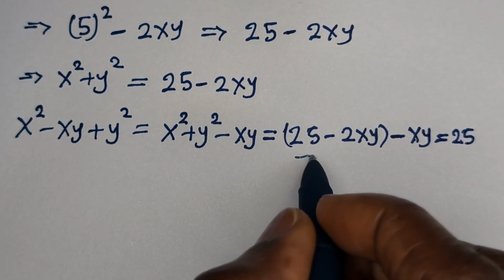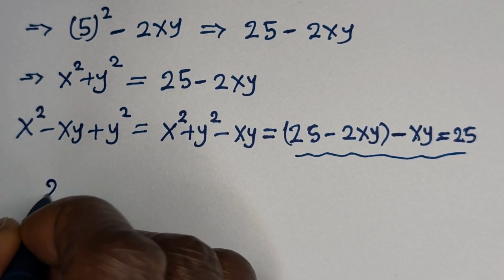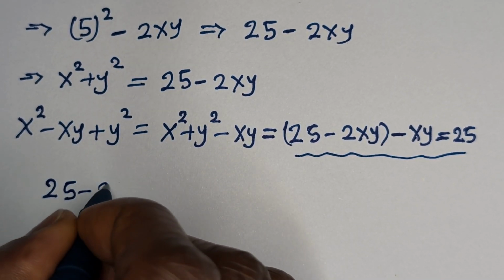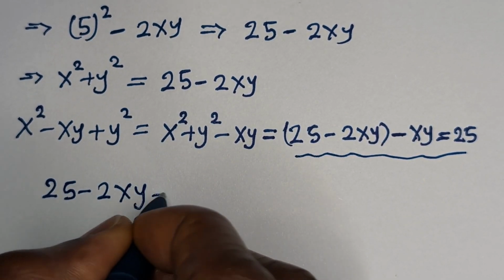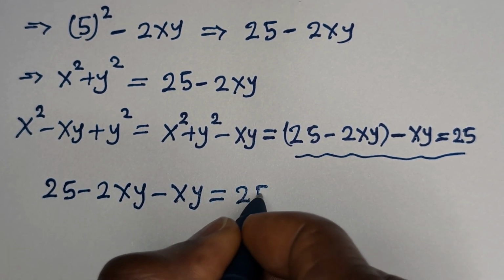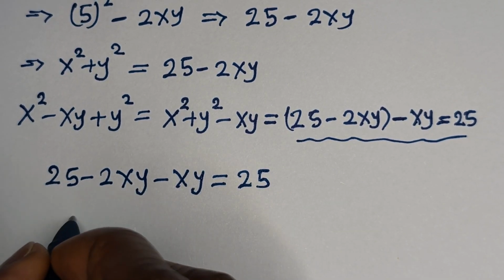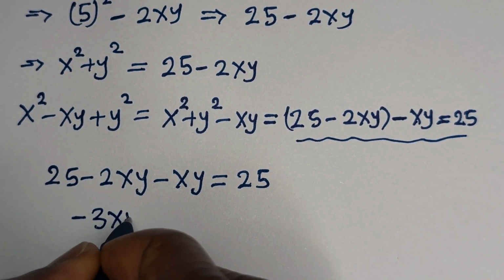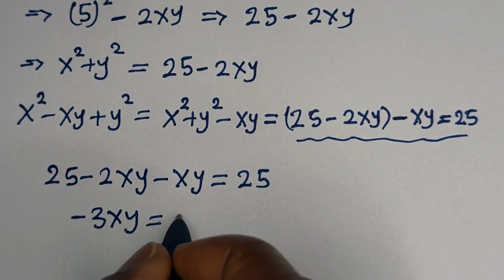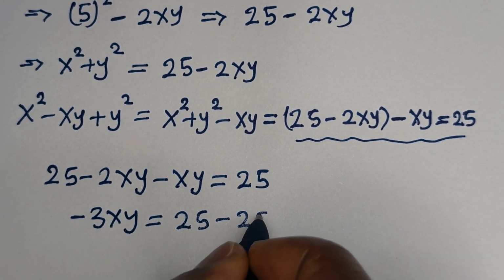Now we are working with this. We have 25 minus 2xy minus xy is equal to 25. Now we have minus 2xy minus xy, this is minus 3xy is equal to 25 minus 25.